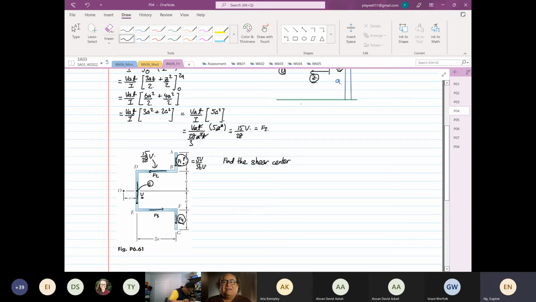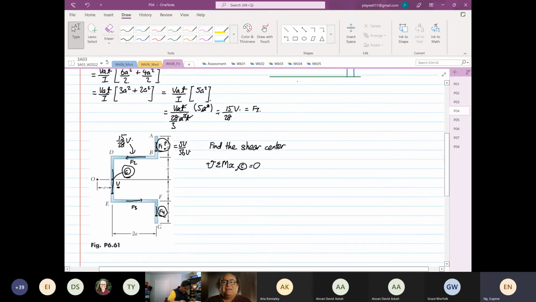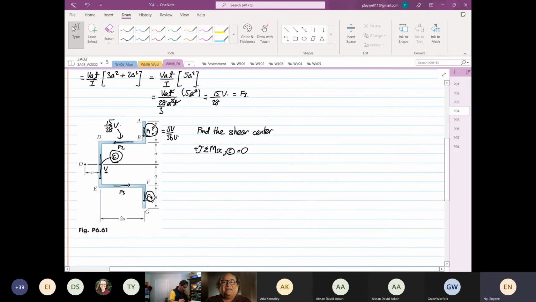So we're going to take our summation of moments about the x-axis at point C equal to 0. I have labeled this. This is our point C. From here, F1 and F4 are going to generate a clockwise rotation.